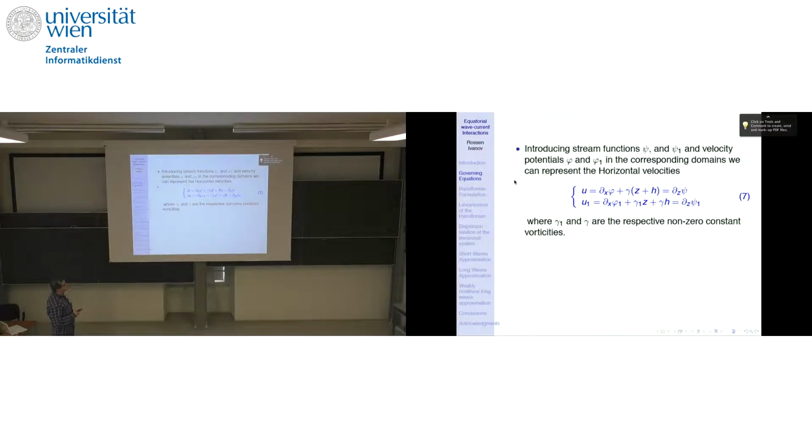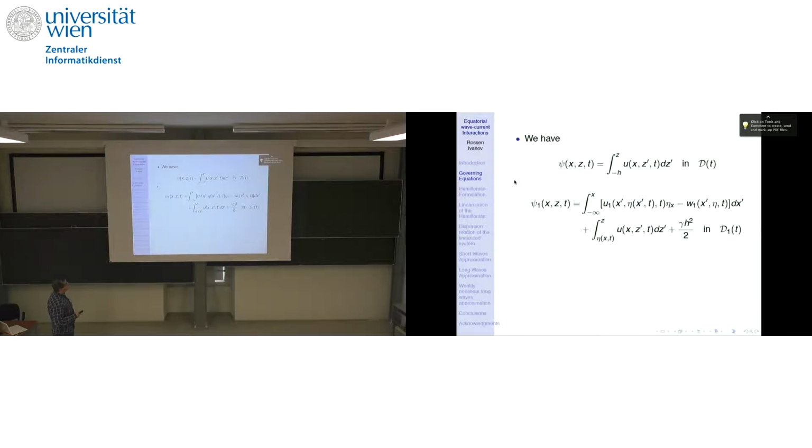So psi1 are of course the stream functions, but we have phi1 that are potentials associated with the wave motion. And these are the vertical velocities. With these assumptions, we can integrate and write formally the expressions for psi1, the stream functions in the two domains.